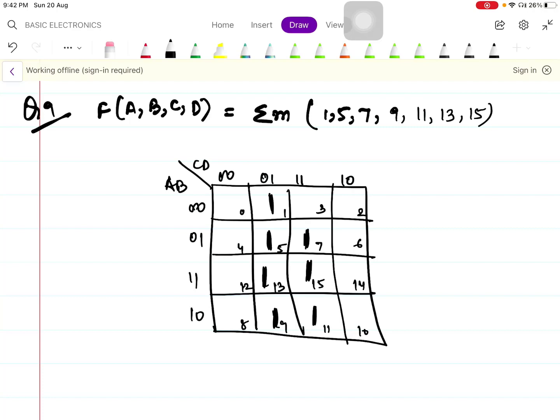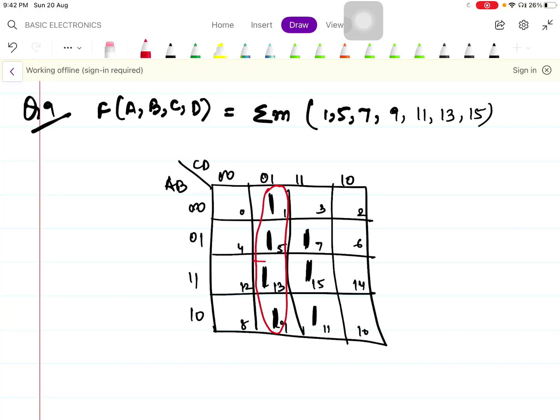The minterms are filled. Now let us start grouping the ones. First I am making this group. Now I will only bother for the ones which are left outside the group, that is cell number 7, 15 and 11. For the benefit of these ones, if I have to use already grouped ones, I will surely go for them.